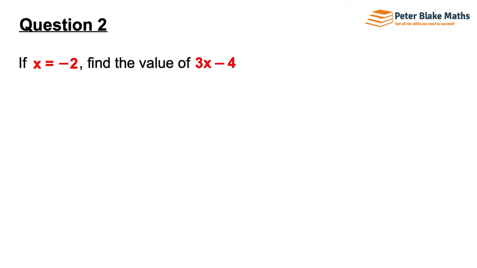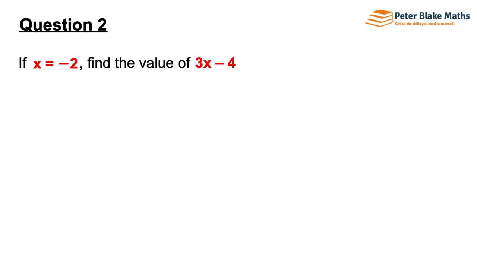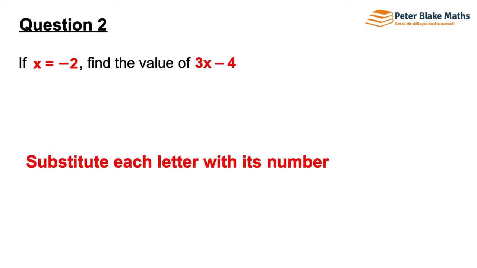Question 2. If x equals minus 2, find the value of 3x minus 4. We will substitute each letter with its number or value, and then we'll calculate the overall value of the expression.